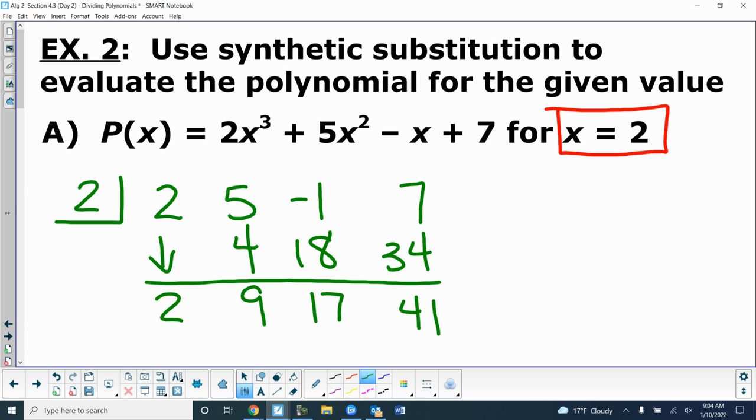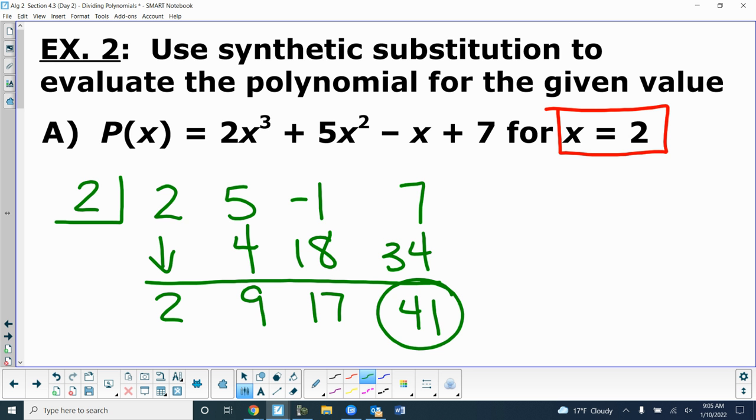What's my answer? 41. That's the answer. So you don't have to write that long 2x squared plus 9x plus 17 plus 41 over x minus 2. You just tell me what the remainder is. That's the answer to the problem when you do synthetic substitution.